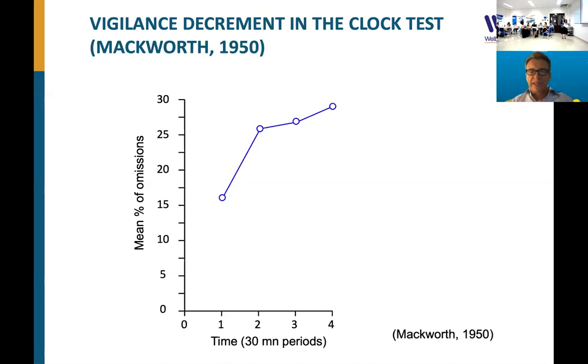And so this is a very critical fact because in a lot of automated systems, the only thing you are required to do is to use your vigilance. So you have to know that this is very fragile and you have to take care when someone is watching this kind of information or situation. And of course, it will be worse when you are doing this during the night. And this is what we'll see later on.